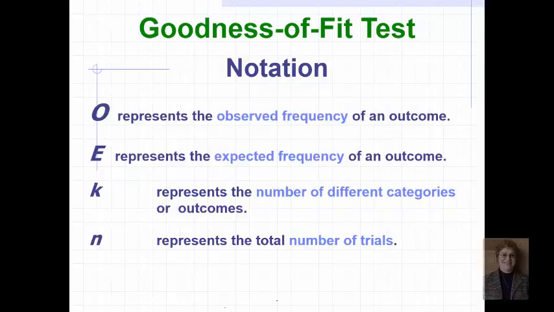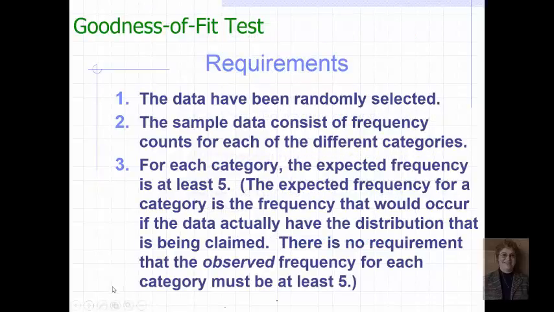So some things we need. When we talk about O, that's our observed value. E is our expected value. K represents the number of outcomes or categories, and N represents the total number of trials. Things that have to happen. Again, and I know this is not a surprise to you, but we have to have random data.